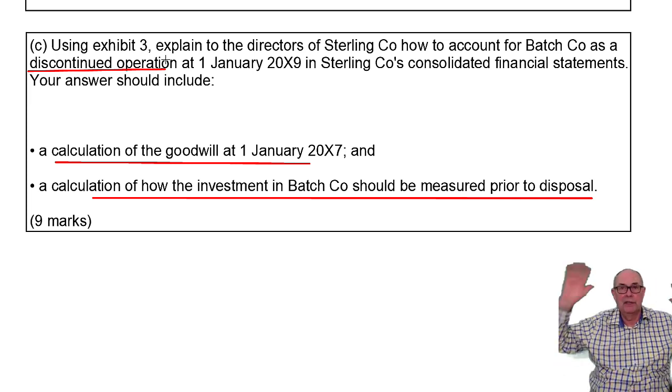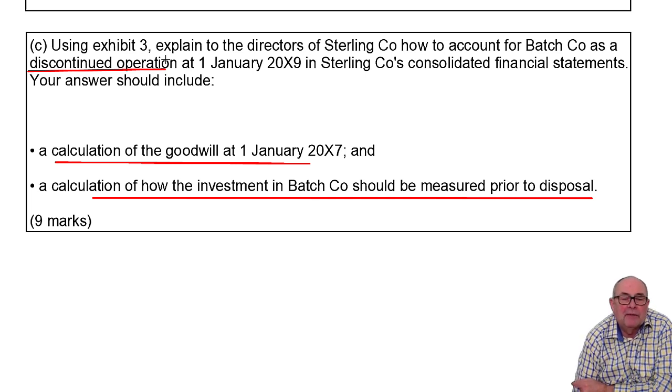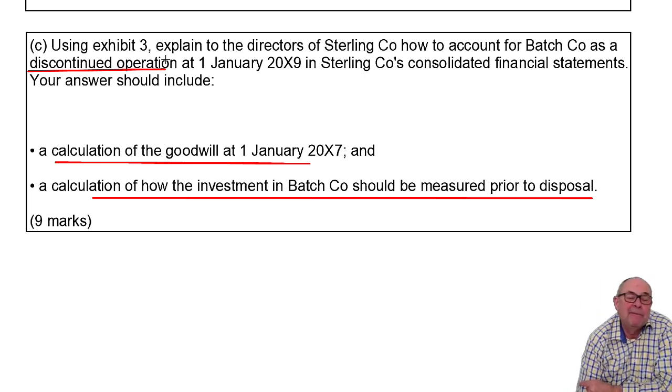Discontinuance. Knowledge. Remember, it's where you have a separate major line of business or geographical operation and you discontinue it. Again, in that case, what's going to happen is that in the profit and loss, its results will be shown as a separate line and they'll adjust the comparatives.